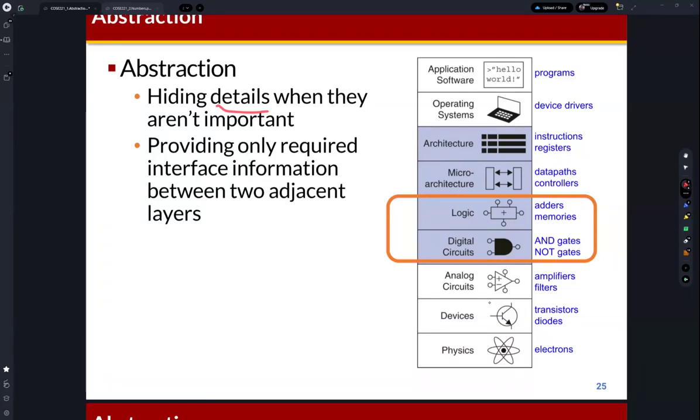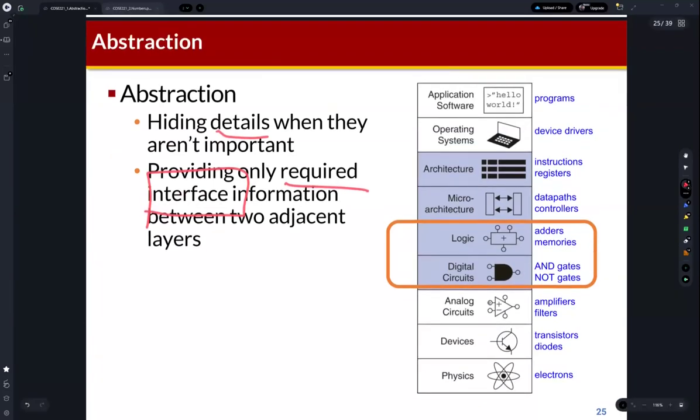So this is a concept of abstraction: providing only the required interface. Okay. So the interface, as I mentioned, is the revealed part from the inner part. So only the required interface is revealed to the outer part.